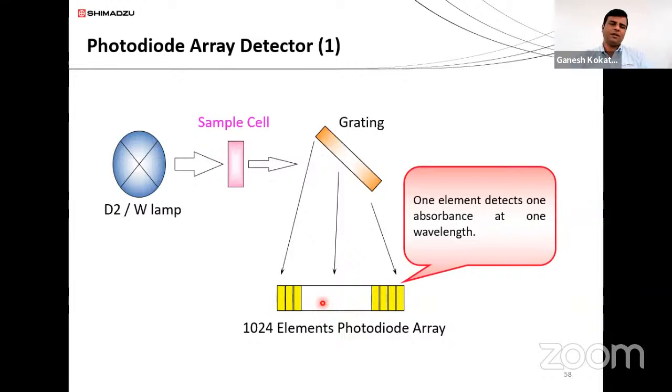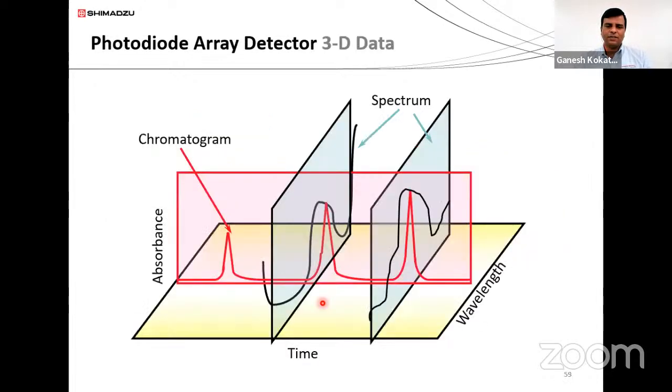So it will give you more accuracy as compared to any other detector with regard to the wavelength. As an advantage of this detector, for example, I'm putting up a 3D view. Just focus on this red chromatogram, and on peaks number 1, 2, and 3.